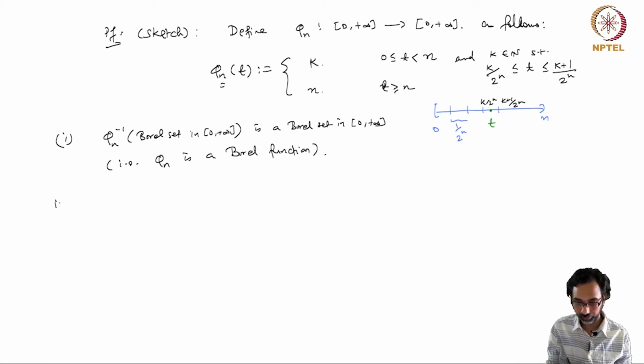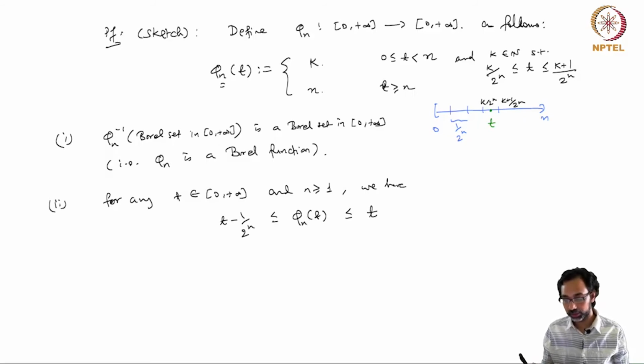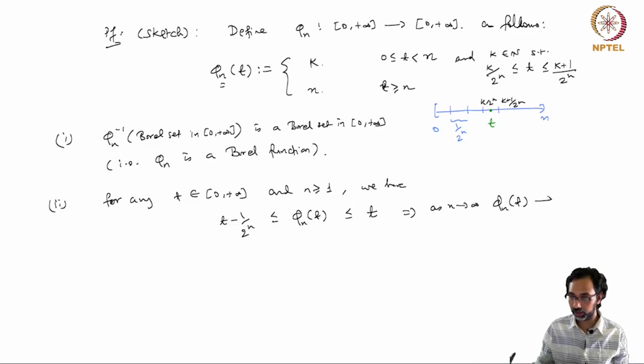And secondly, for any t in [0, +infinity] and n greater than or equal to 1, we have the inequality t minus 1 over 2^n is less than or equal to phi_n(t) is less than or equal to t, which means that as n goes to infinity, phi_n(t) converges to the identity function t.